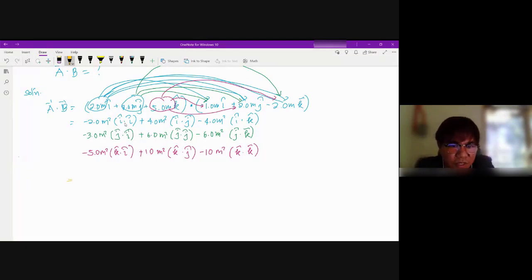Notice how many i hat dot i hat, or i hat dot j hat, or i hat dot k hat terms there are.